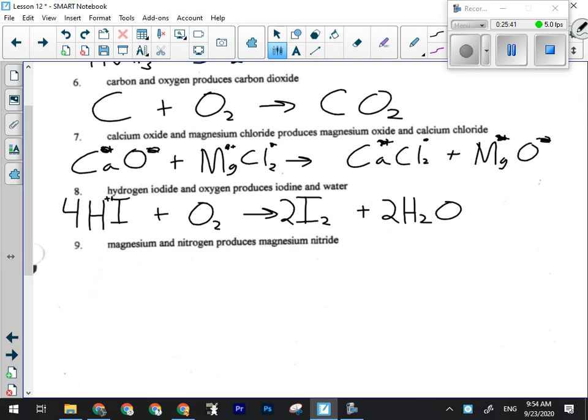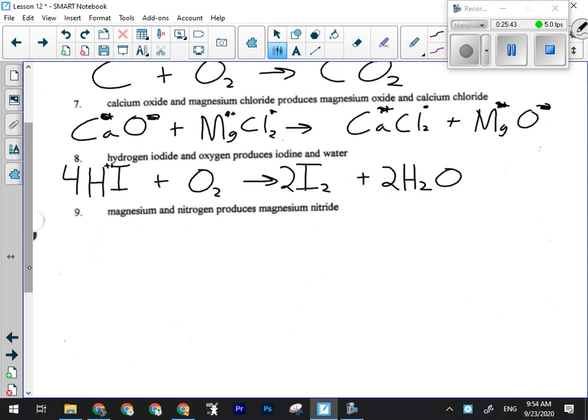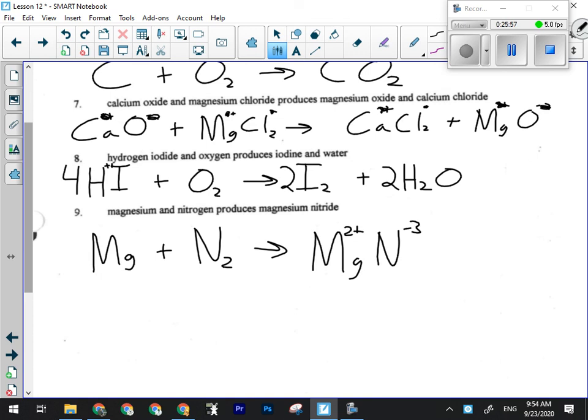Okay, and our last one, we have magnesium and nitrogen. What do I need to remember about nitrogen? It's a 2, N2. So Mg is a 2+, N is a 3-. It's an ionic compound. When I swap and drop, I should end up with magnesium nitride.